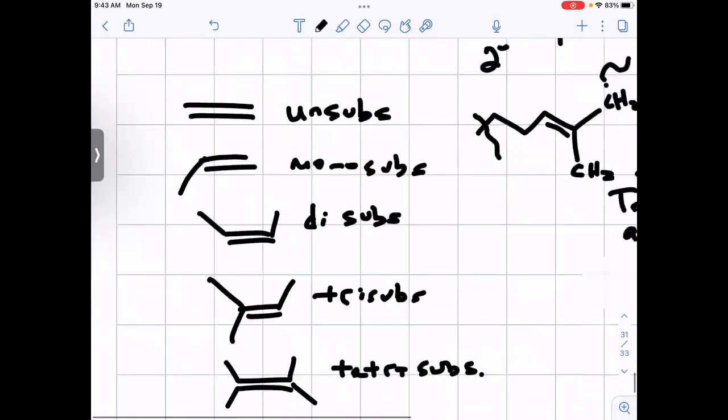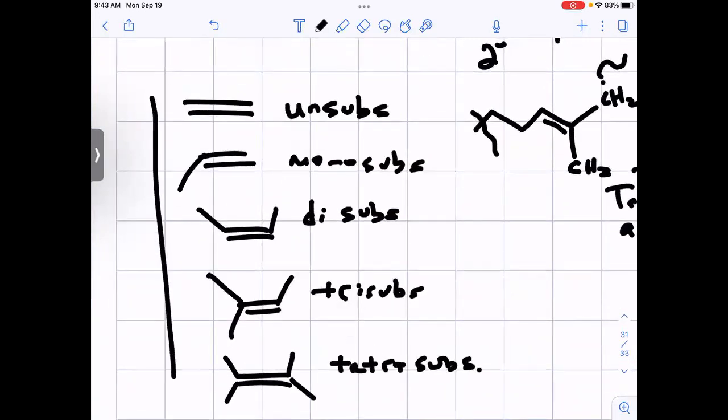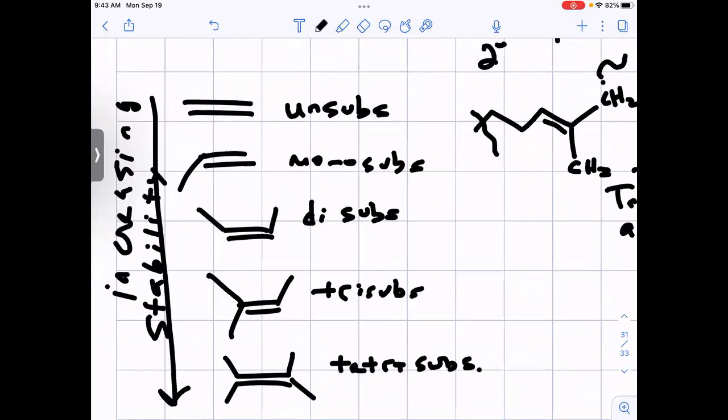Right, and with these alkenes, the more substituted it is, the more stable it is. This is in order of increasing stability. Right, the more substituted the alkene is, the more stable it is.